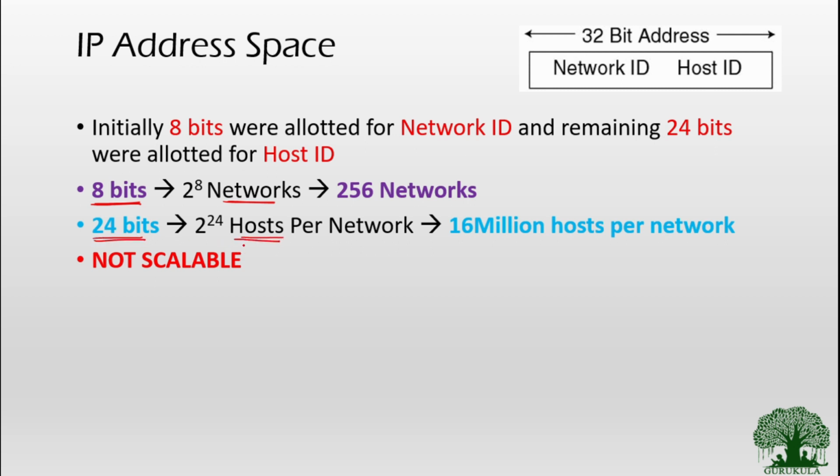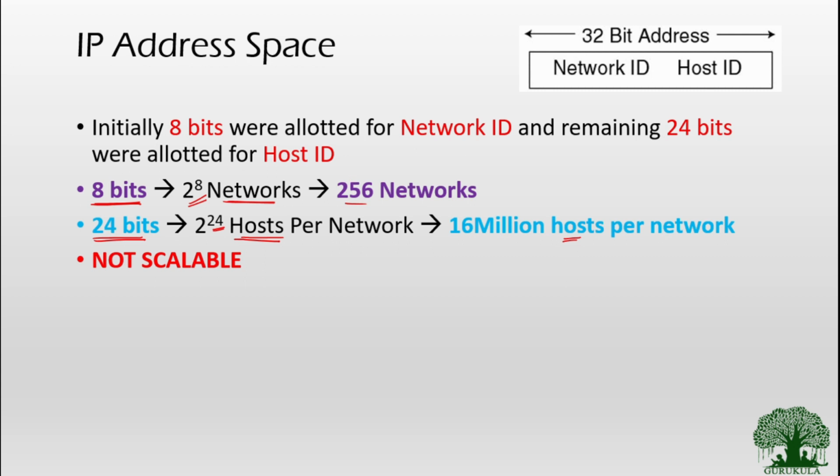If this is the case, what could be the maximum possible number of networks that we can create? Since I have 8 bits, you can have 2 to the power of 8 networks, which is approximately 256 networks. And with 24 bits representing the host part, I can create 2 to the power of 24, so approximately 16 million hosts can be connected in one network.